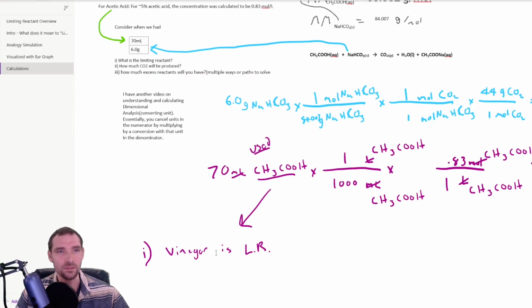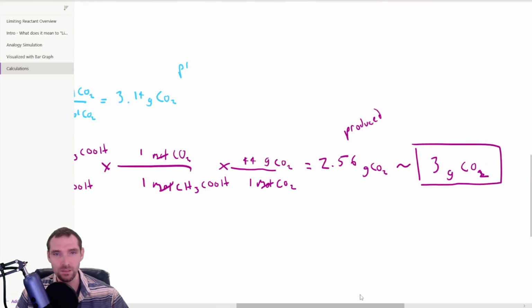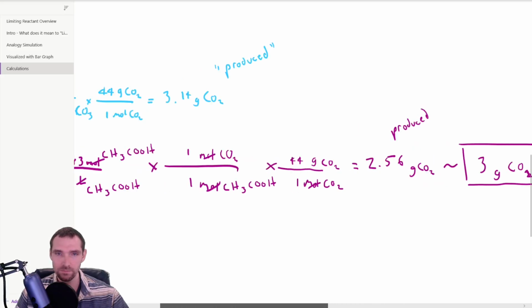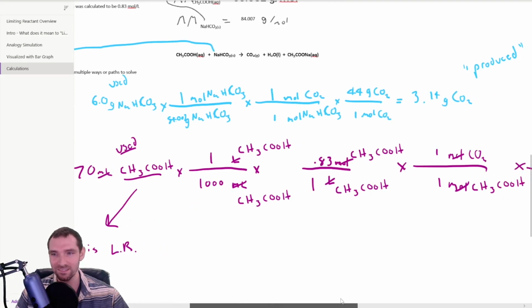And then also this was how much was used. And then this is what could have been produced if we had actually used up all of this stuff, but there was a little bit in excess.